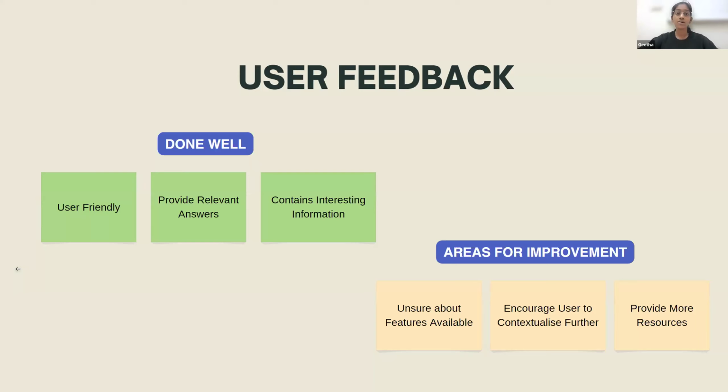And also some of the answers from ChatGPT might not be what they wanted. So we can encourage them to contextualize further according to their needs, and also provide more resources, because sustainability is a big topic. There are a lot of subtopics in sustainability.